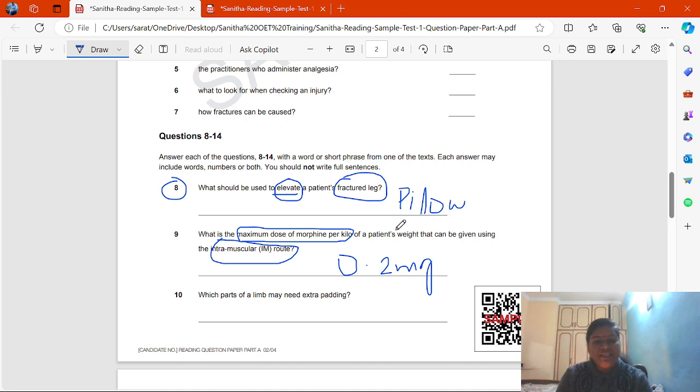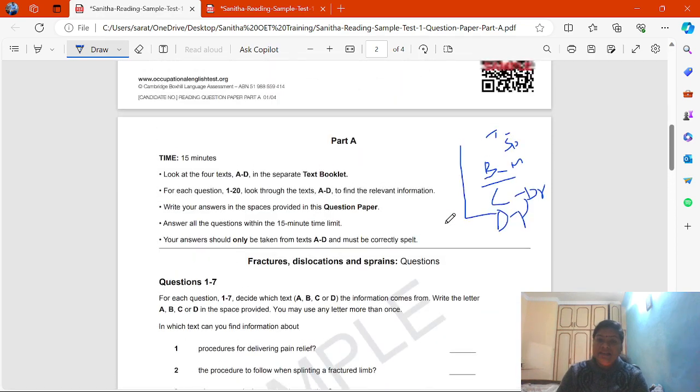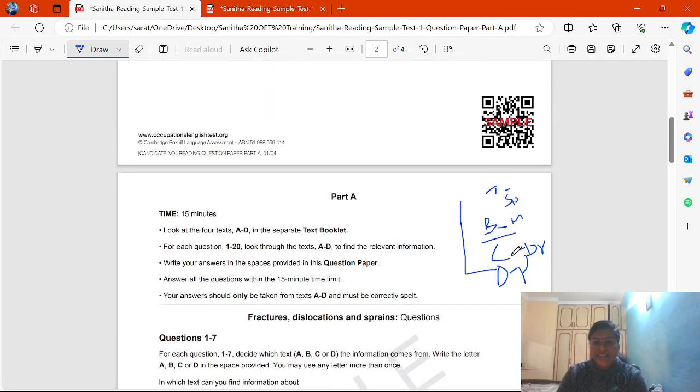Which parts of a limb need extra padding? Where do we have to go? Maybe here, B is management and D is plaster.